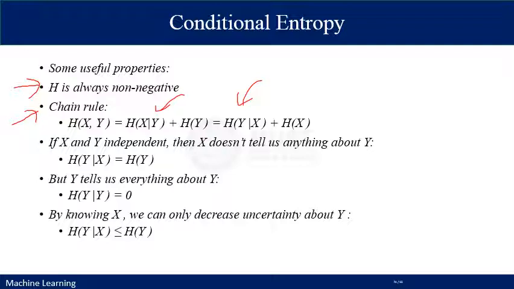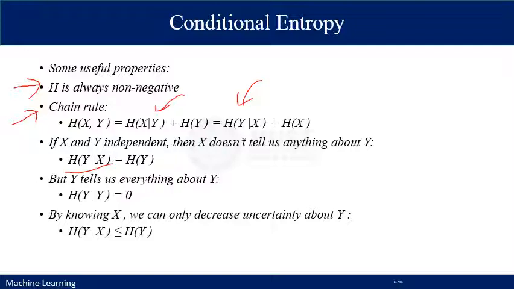However, if X and Y are independent, then X does not tell us anything about Y. So if two attributes are independent of each other, they do not contribute directly to the joint entropy, therefore the conditional entropy will be equivalent to the entropy of the outcome.